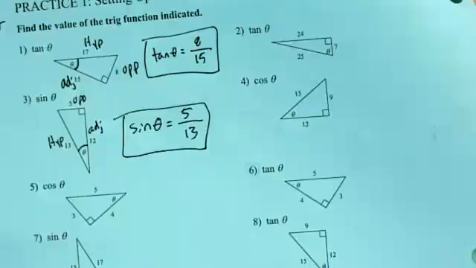Your calculator will simplify though. Can I show you? If you wanted to simplify 12 over 50, you can type in 12, and then this will give you a fraction. We just use this button here.